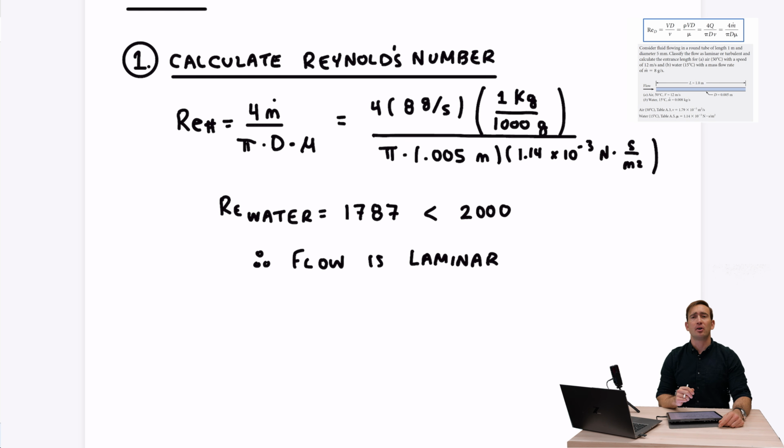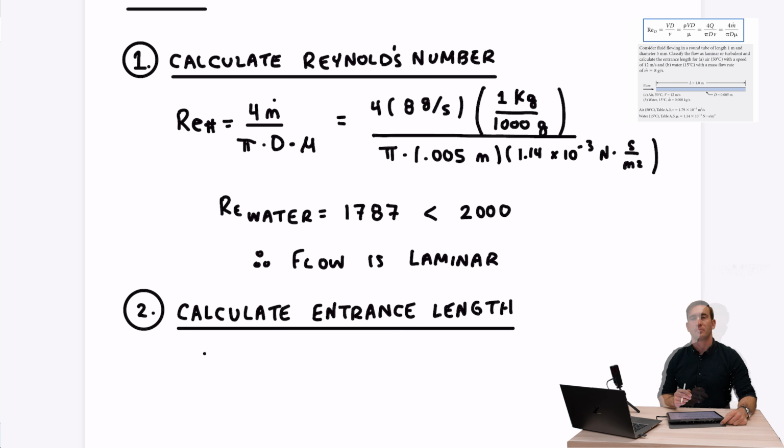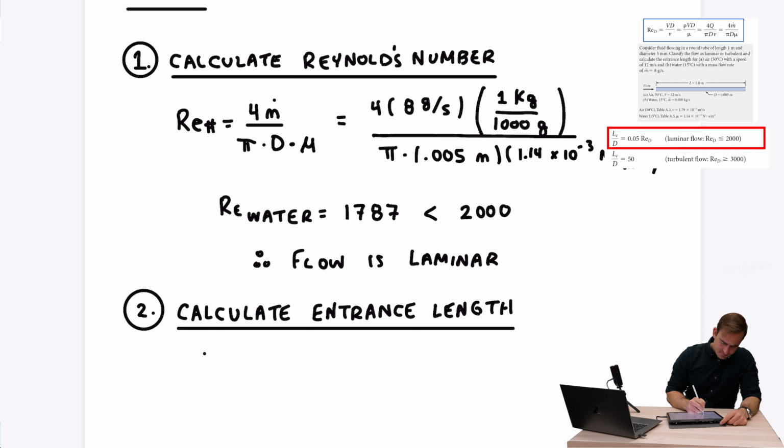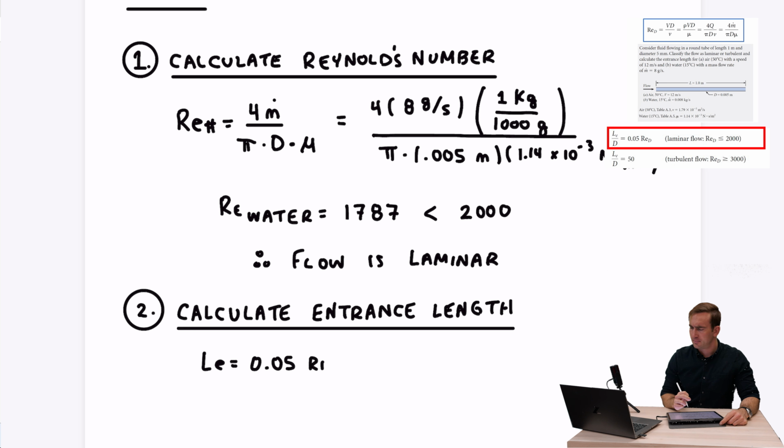Now that we know we have laminar flow, we'll use our equation for entrance length and solve for that. So that's our second step. For laminar flow, our equation for entrance length is given by the entrance length being equal to 0.05 times the Reynolds number times the diameter of our pipe.